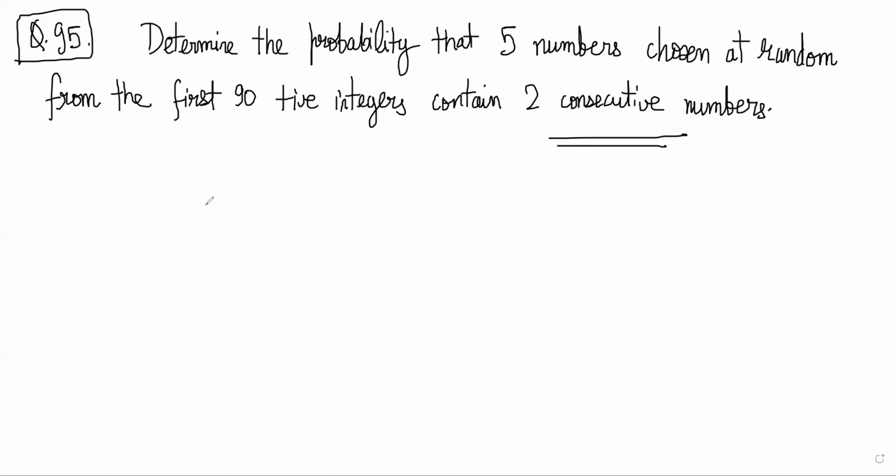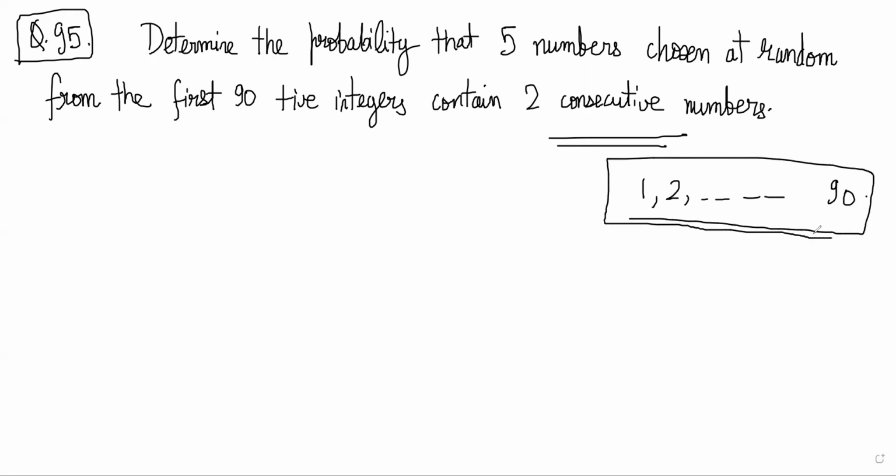Right. We have to find the probability that 5 numbers are chosen at random from the first 90 positive integers. So you have to choose integers from 1 to 90. From there, if you select any 5 integers, we have to find the probability that they contain two consecutive numbers.